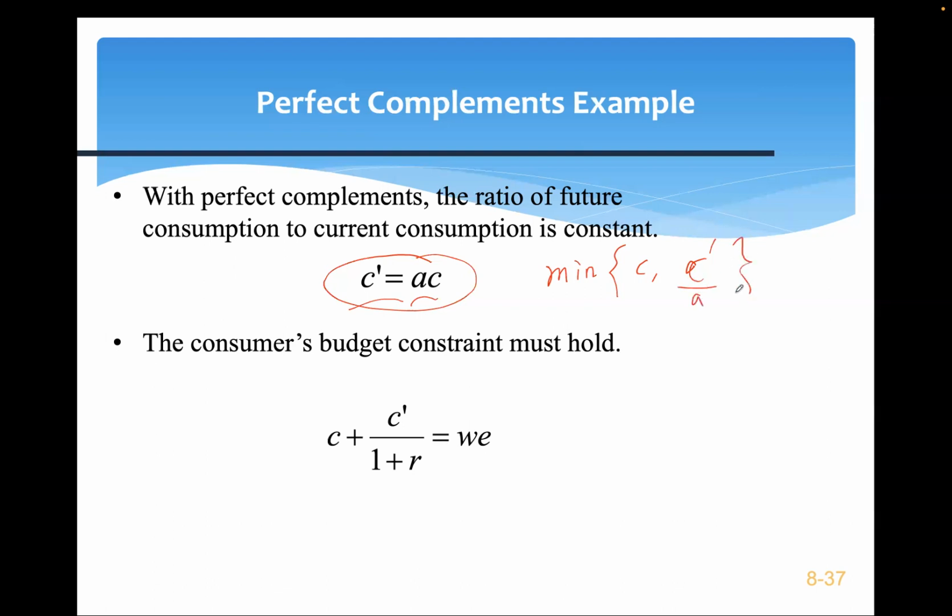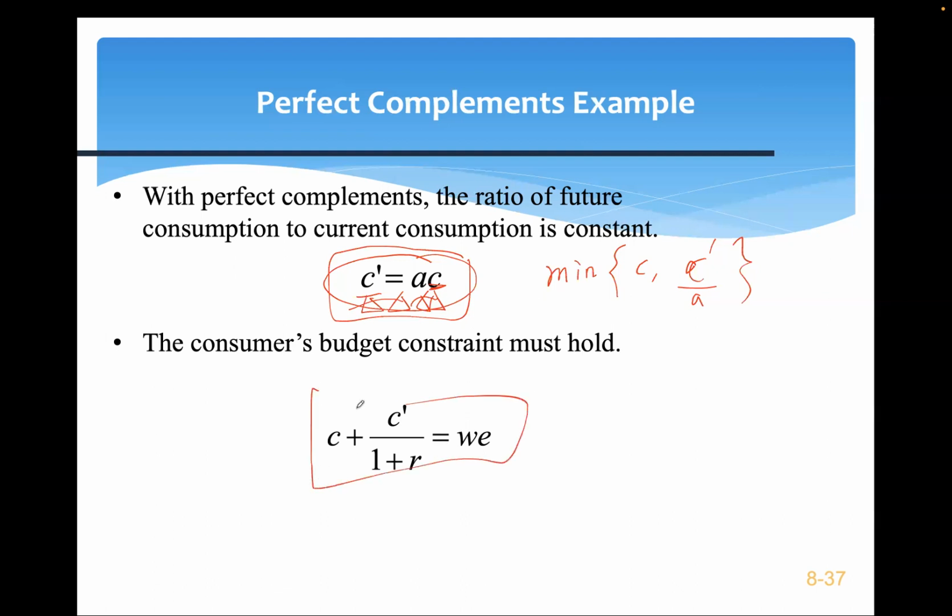In any case, this equation just tells you how the consumer is going to allocate C and C prime. It tells you how they do their optimization, or how they choose their optimal bundle. And similar to before, the budget constraint is the same.